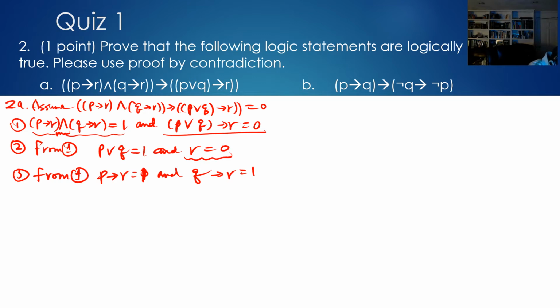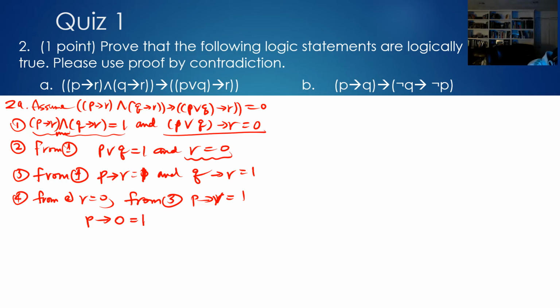So now we see that from 2, we know that R equals 0. And then from 3, we know P implies R equals 1. Now, what does that mean? So that means P implies R. R is 0, so P implies 0 equals 1.